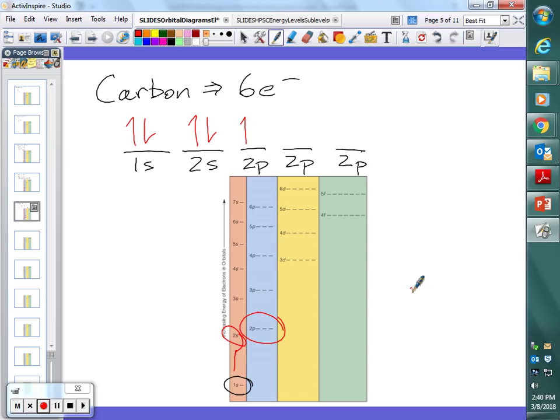Is there any advantage to being one of them versus the other two? No. Not really, unless one of them already has an electron in it. Because if one of them already has an electron in it, will the next electron go into that orbital? Why not?